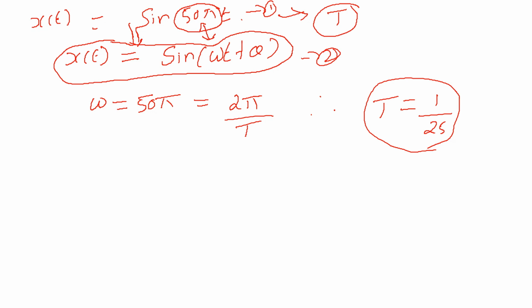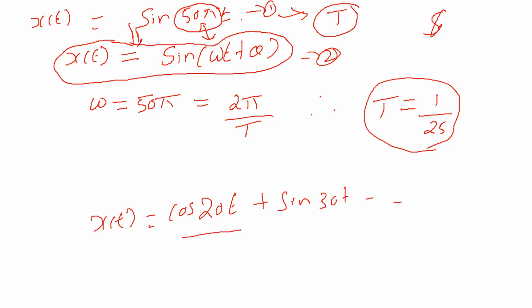Sometimes a signal might be in the form of cos of 20t plus a sine of 30t, etc. It can be like anything.